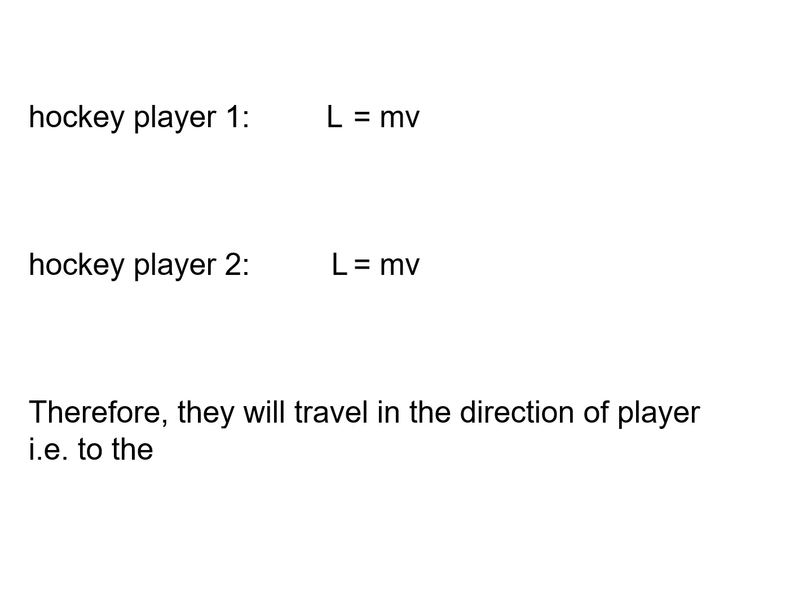So let's look at this again. We have two hockey players. The first hockey player weighs 90 kilograms and is traveling at 6 meters per second. Remember they're traveling towards the right, so it's going to be positive. So they have a momentum of 540 kilogram meters per second.